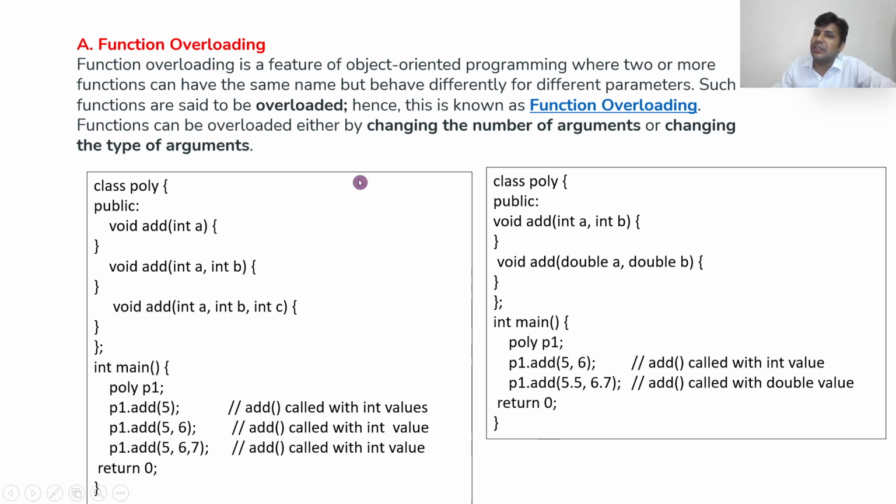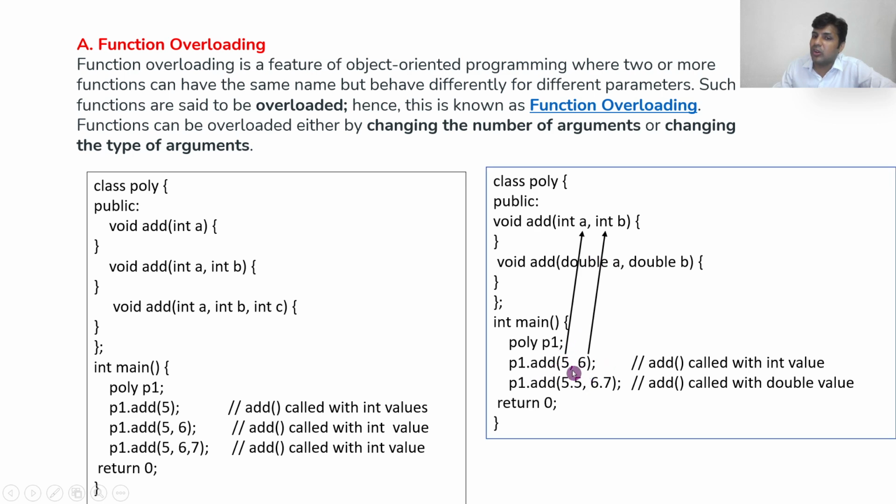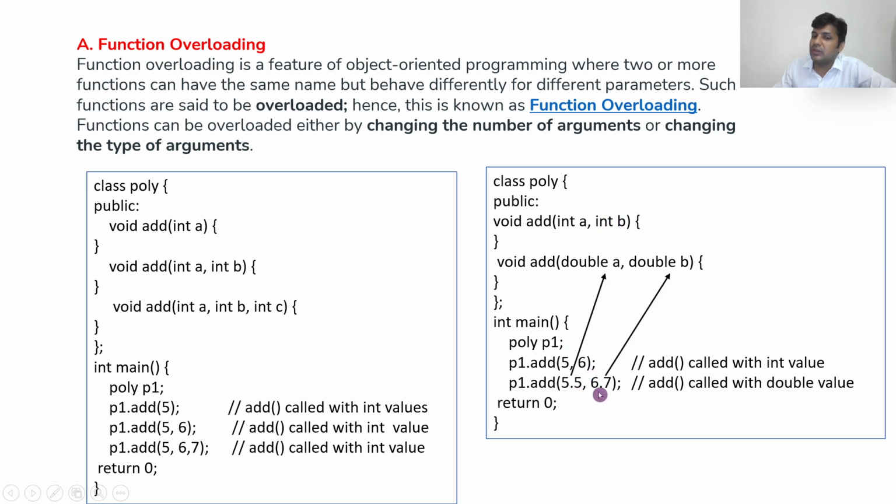As we said, before it was a change in the number of arguments, here it is a change in the type of arguments, depending on which data type you pass. With 5 comma 6, it can understand these are integers, so it will call the integer add. When I give 5.5 and 6.7, it understands these are real numbers, a float or a double, so it will go to the second add function.